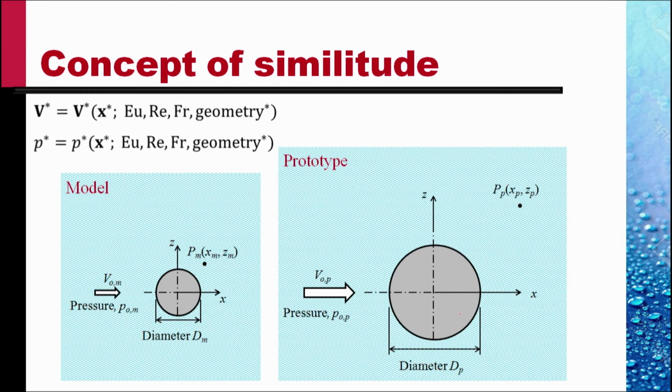So this is what we have now. We can obtain the result from one experiment V star, and if Euler number, Reynolds number and Froude number match, then the results for the prototype would have the same non-dimensional values of V star and P star.